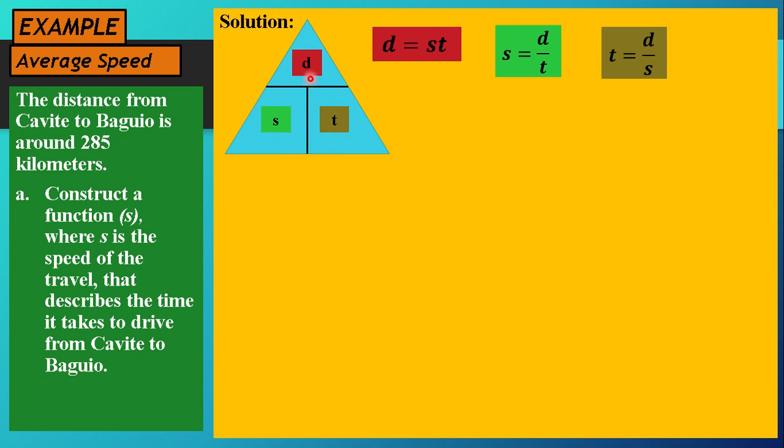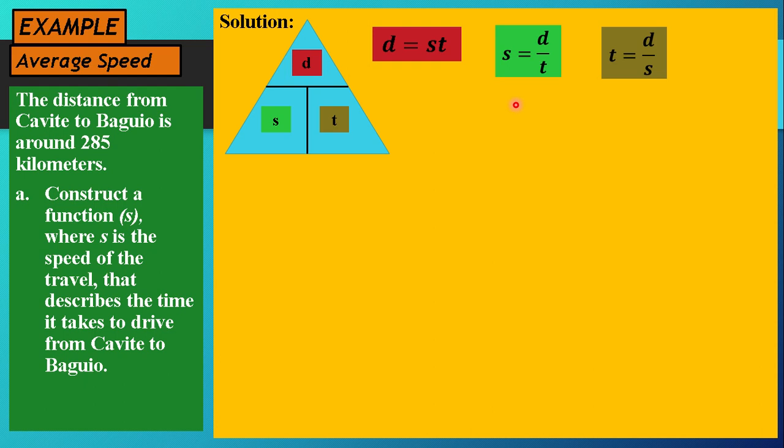So kapag ang hinahanap natin or ang unknown ay distance, ang gagamitin natin ay distance is equal to S times T. Distance is equal to S, the speed, times the time.